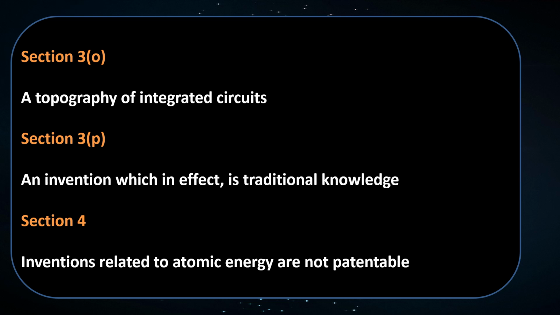Then Section 3P states that an invention which in effect is traditional knowledge is not patentable. Something that was already known in the traditions much earlier in history, which is now considered traditional knowledge, cannot be patented. An example is turmeric.